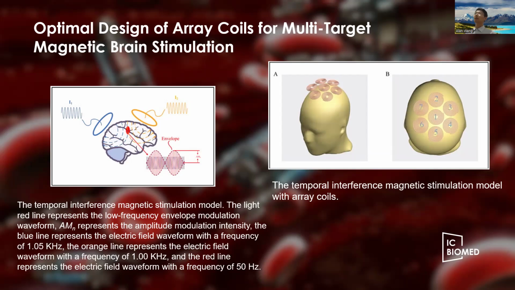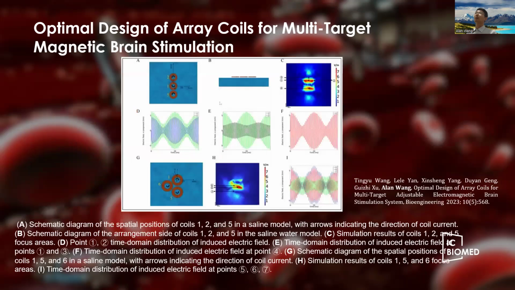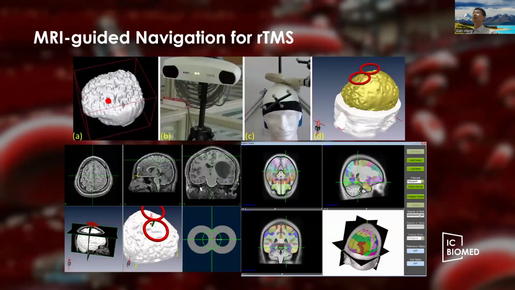So we developed some new coils, we call them array coils. Normally it's just one or two coils. We provide a new design of array coils for multi-target magnetic brain stimulation. These are our experimental results, which demonstrate the capability.